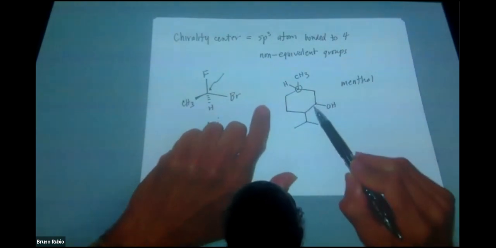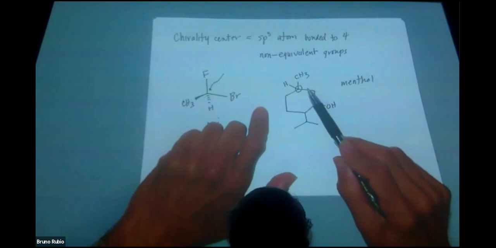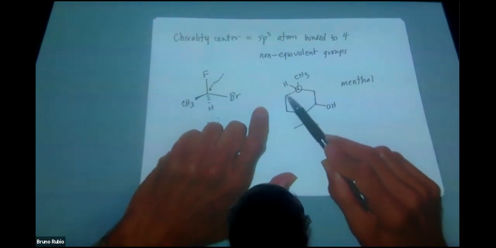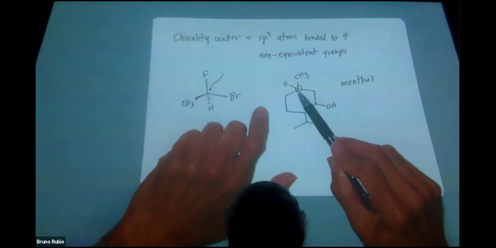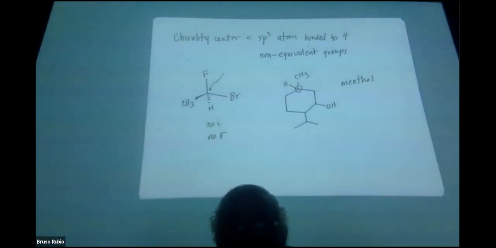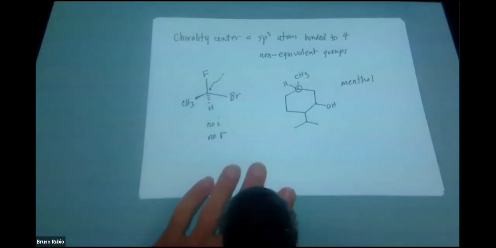Right, the road in the clockwise direction is different from the road in the counterclockwise direction. That's a chirality center. It's bonded to 4 different groups, 4 non-equivalent groups.